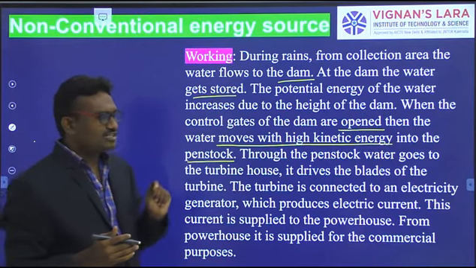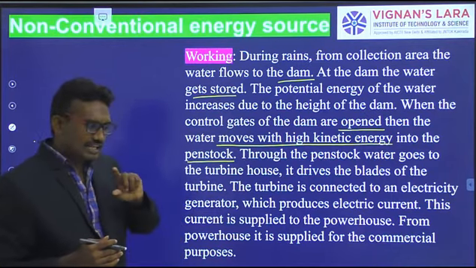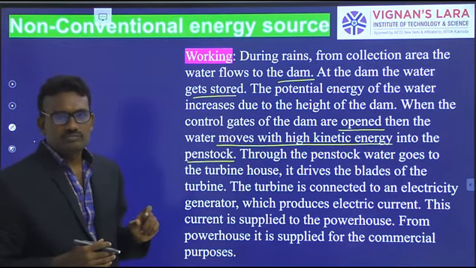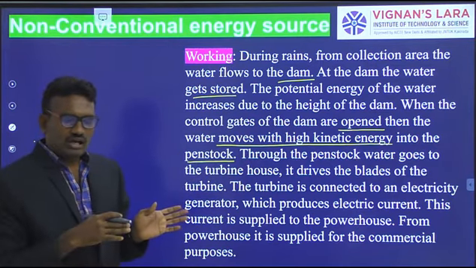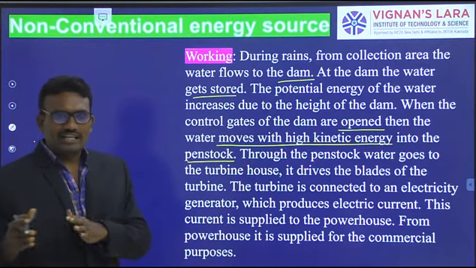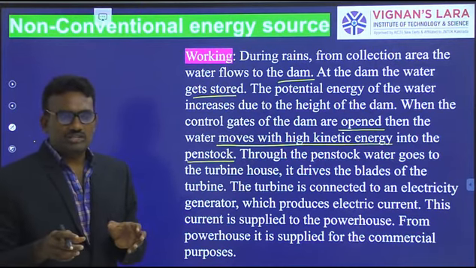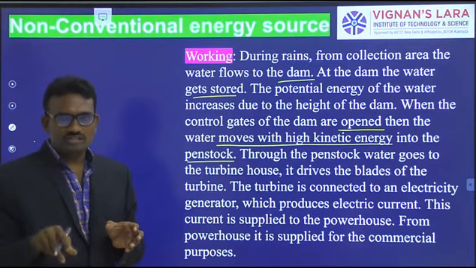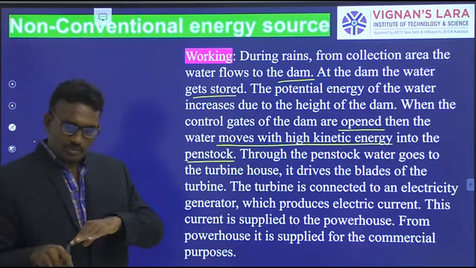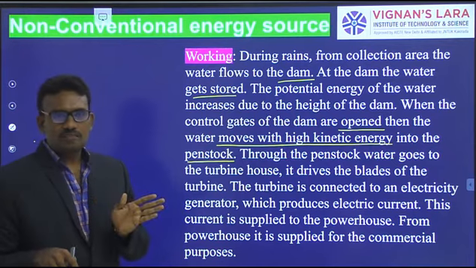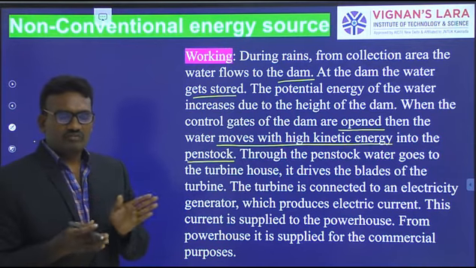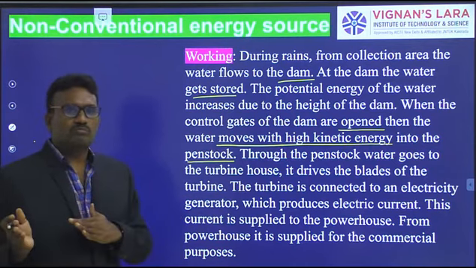The high kinetic energy water first passes into a penstock, which is like a large pipe. The other end of the penstock is connected to the turbines. Between the turbines and the penstock there is a nozzle or screen. When the nozzle is opened, water flows from the penstock to the turbines.